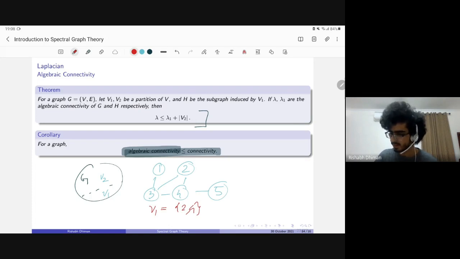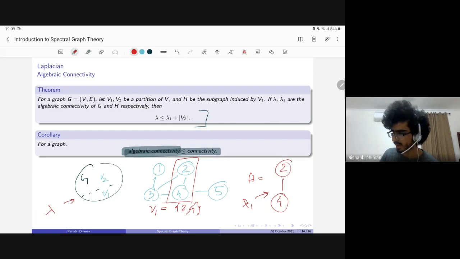Then my H will be the graph which you get by only considering the vertices 2, 4. Now what we'll prove is this. Call the algebraic connectivity of this graph lambda 1, and the algebraic connectivity of G lambda. What you'll prove is that lambda is less than or equal to lambda 1 plus the number of other vertices.